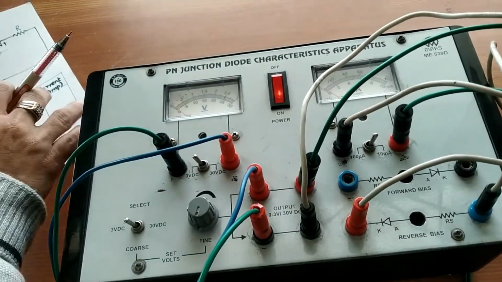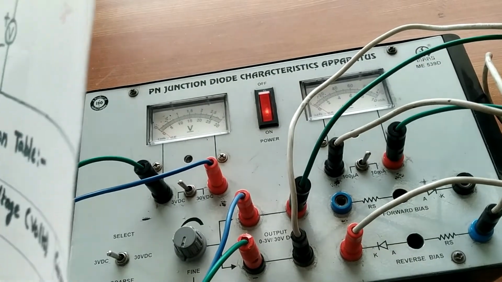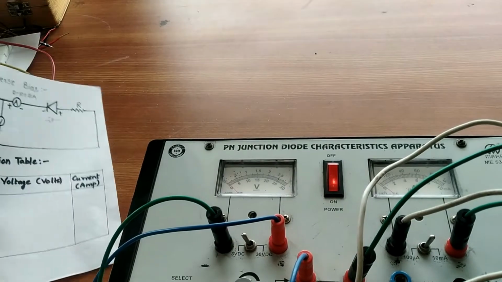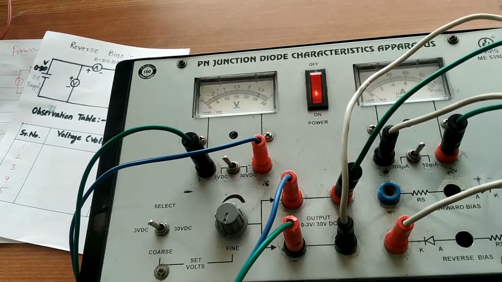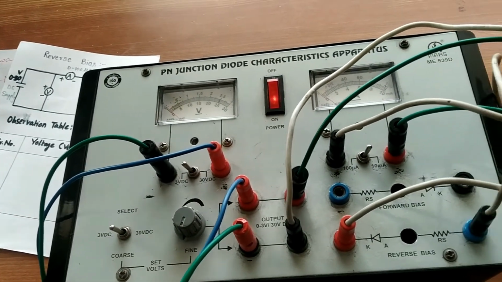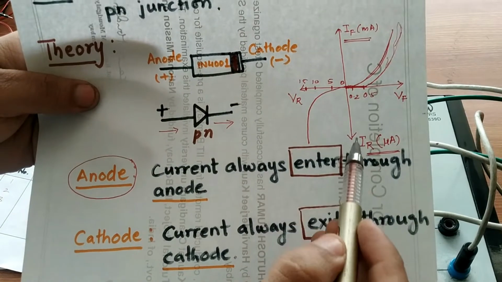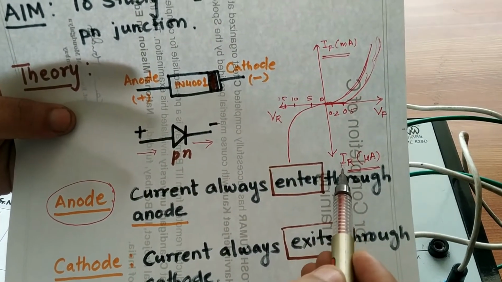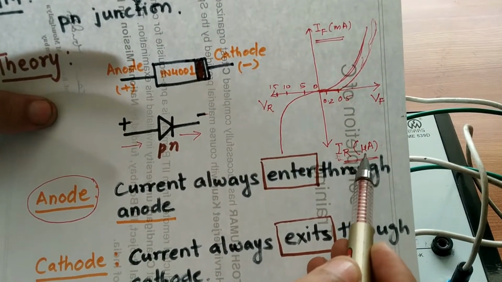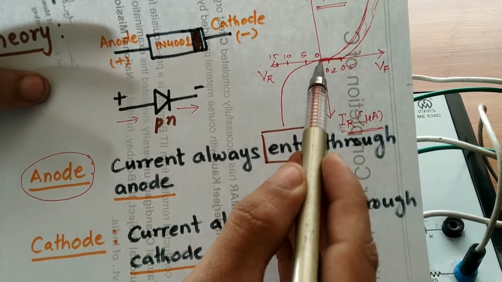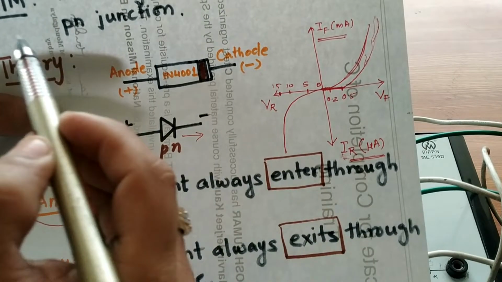Now we are going to take a voltage. When we are performing the reverse bias condition, as I have already told you, we are getting a reverse bias current in microampere. The voltage range which we are selecting is 0, 5, 10, 15, 20 like this.